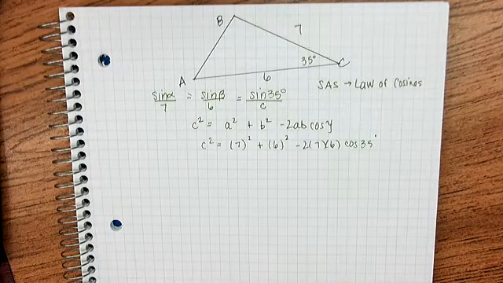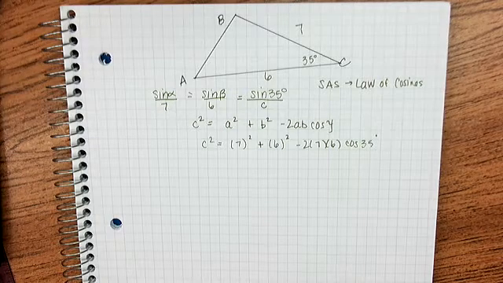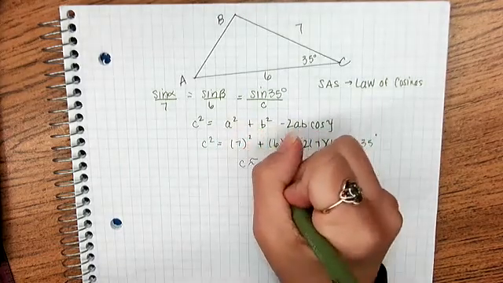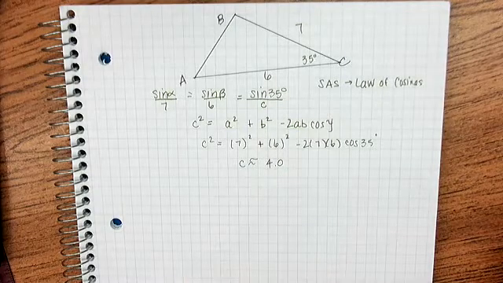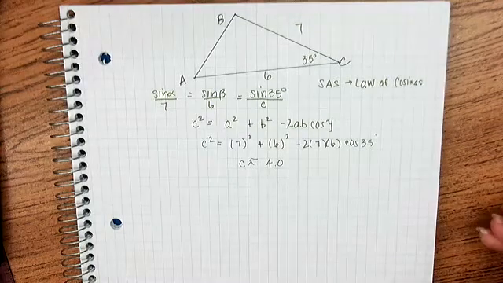From here, I'm just going to do a straight plug into my calculator: 49 plus 36 minus 2 times 7 times 6 times the cosine. And then, of course, don't forget to square root it. 4.0. I'm glad this happened. To the nearest tenth, you need the 0.0 as a placeholder. If I tell you to round to the nearest tenth and you don't have the 0.0, you are going to lose points.